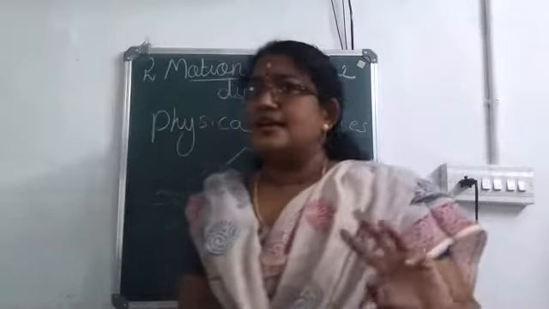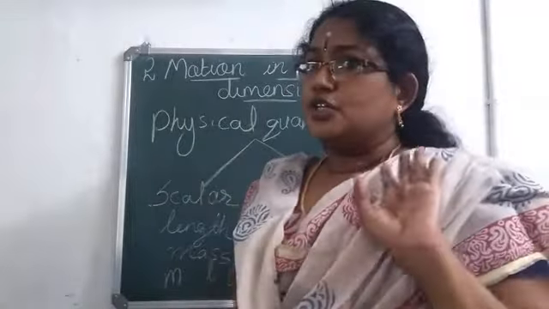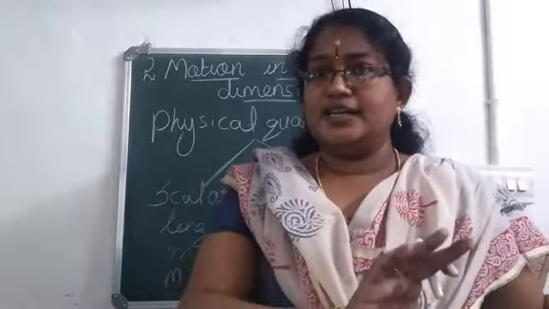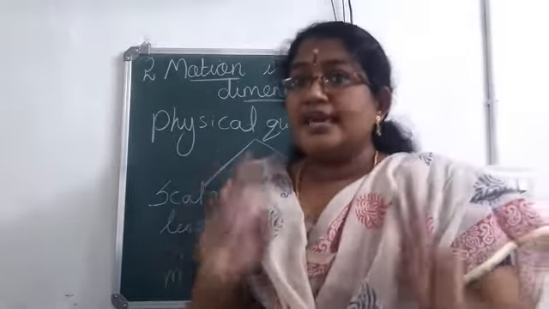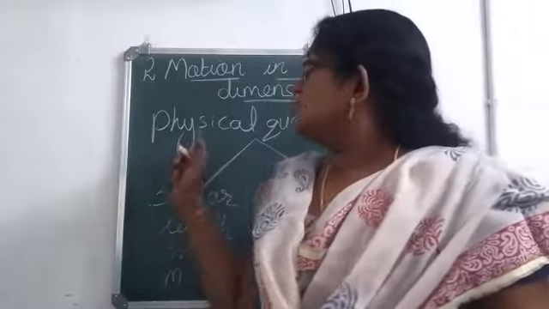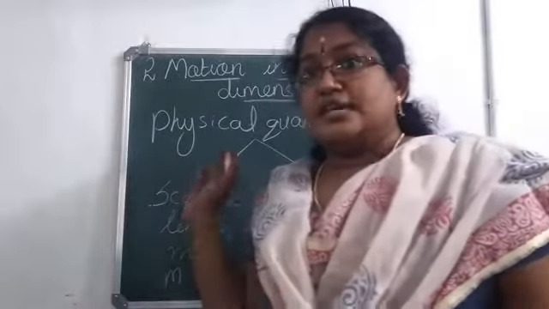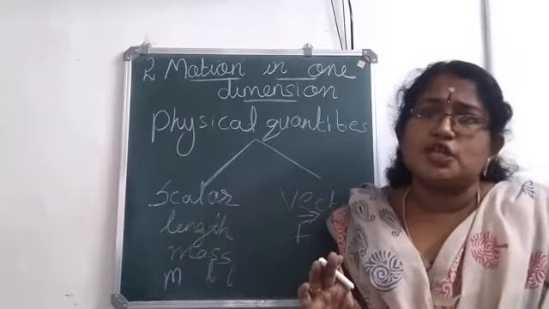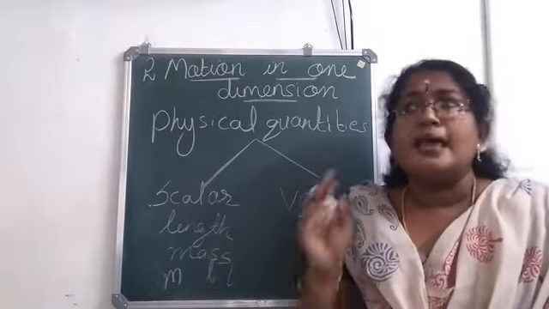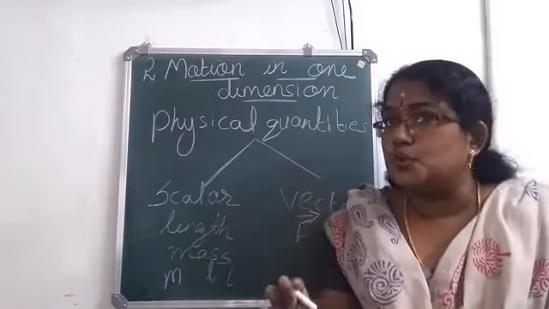We have discussed just about two things. Physical quantity means quantities which can be measured. It can be classified into two, scalar and vector. Scalar means quantities which can be represented using their magnitude and unit.